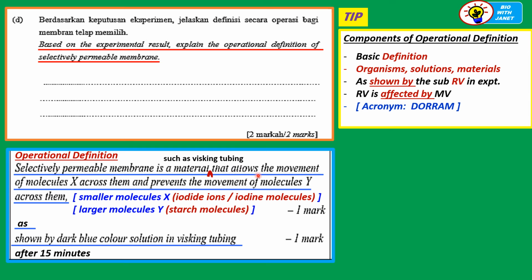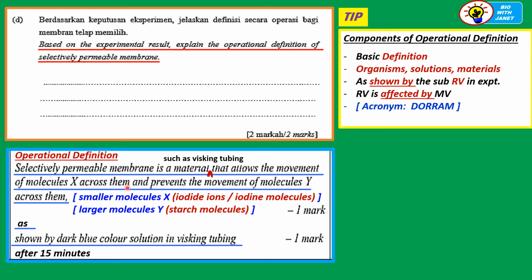That allows the movement of molecules X. Instead of molecules X, you can put smaller molecules X, iodide ions, so you've mentioned the solution used, the iodine solution that contains the iodide ions, across them, and prevents the movement of molecules Y. In place of molecules Y, you can put larger molecules Y, starch molecules, which were used in the experiment, across them. So a selectively permeable membrane is a material such as the whisking tubing that allows the movement of smaller molecules X, iodide ions, across them.